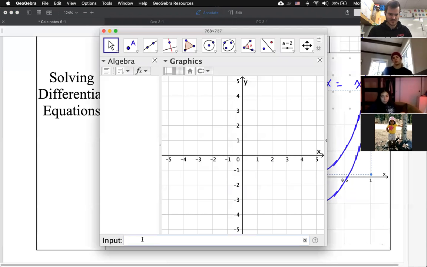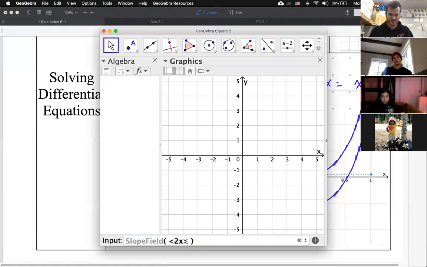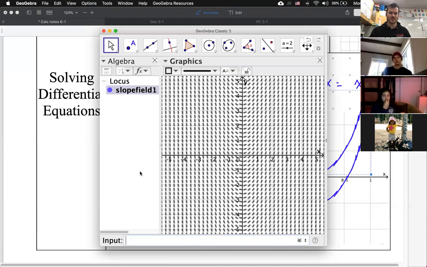Can't handle Zoom and all this stuff. Slope field. Yeah, slope field, and then you just type in a function. So in here, I'm going to do 2x. No, it wants me to get rid of those things here. Boom, there's your slope field. That's what we just created.